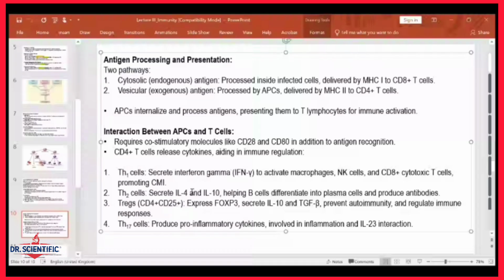Th2 cells secrete interleukin-4 and interleukin-10, helping B cells to differentiate into plasma cells so that they're able to produce antibodies. Okay. Now remember, we are calling them helper T cells.